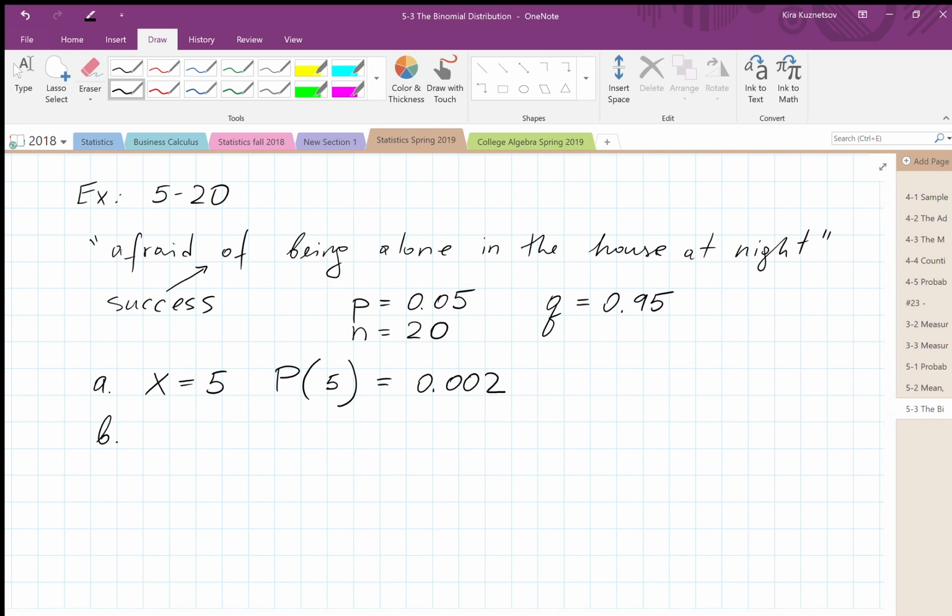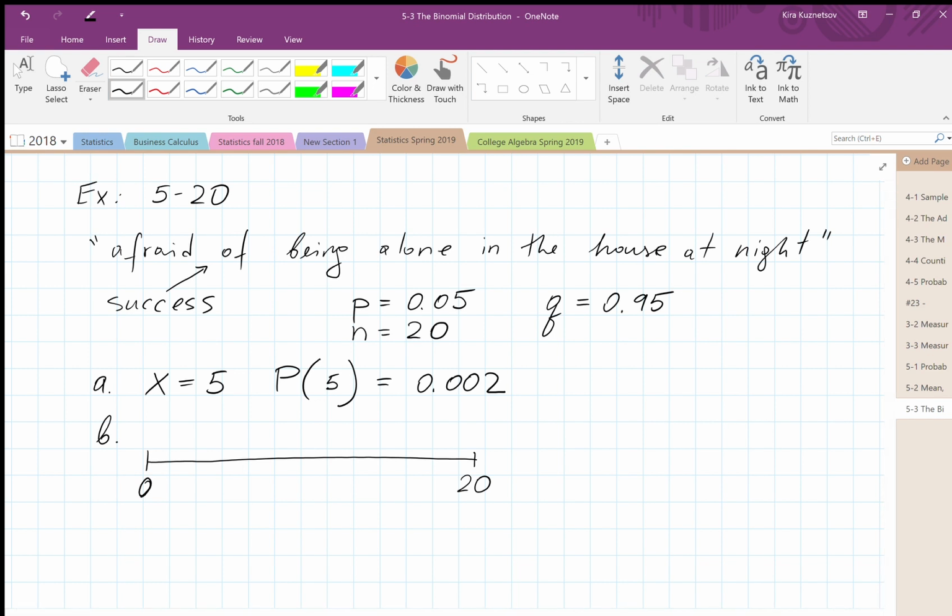Part B is there are at most 3 people in a sample who are afraid of being alone in the night. So what I need to do is show you the distribution, except I'm not giving you the whole distribution, I'm just giving you the x-axis, meaning I could have 0 people in the sample that are afraid of being alone. Is this possible? Yes, 0 is actually fairly likely.